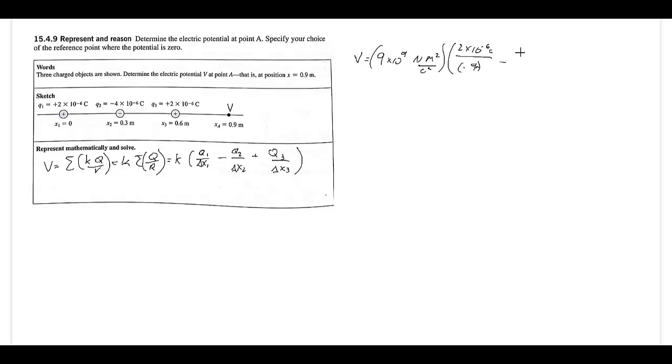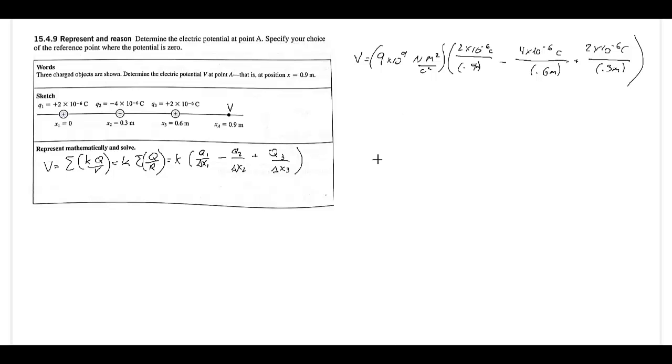minus q2, which is 4 times 10 to the negative 6 coulombs, over the distance from q2 to our point here, which is going to be 0.6 meters, plus another 2 times 10 to the negative 6 coulombs over this final distance, which is going to be 0.3 meters.